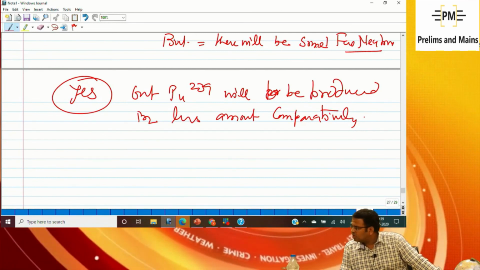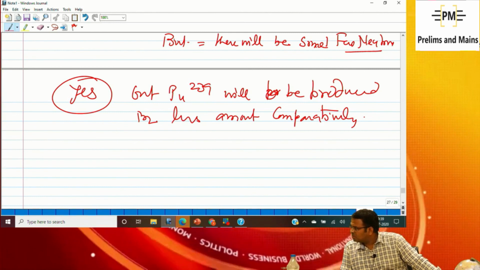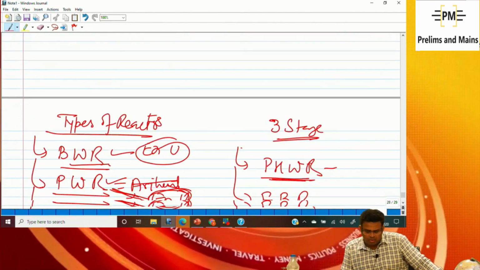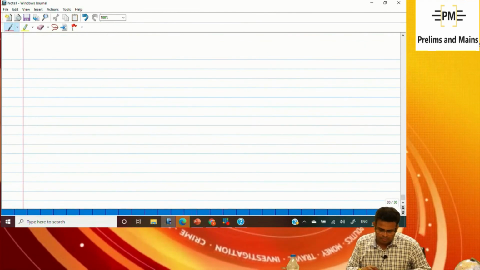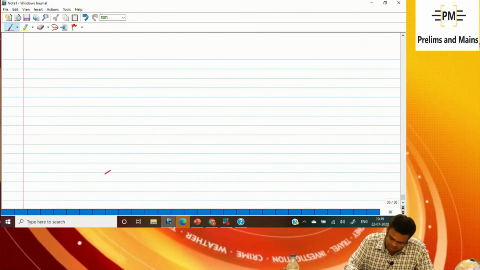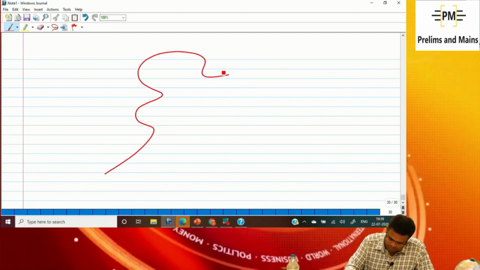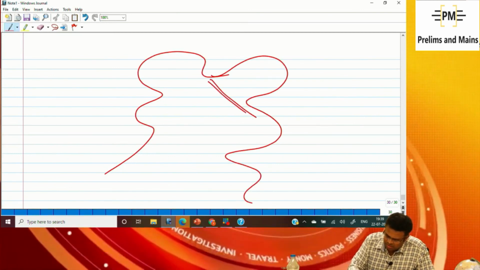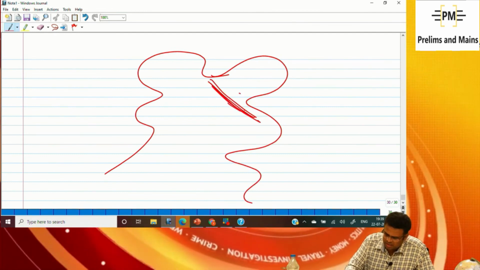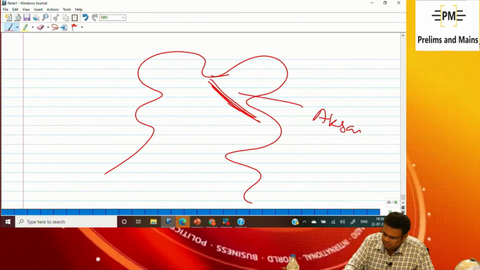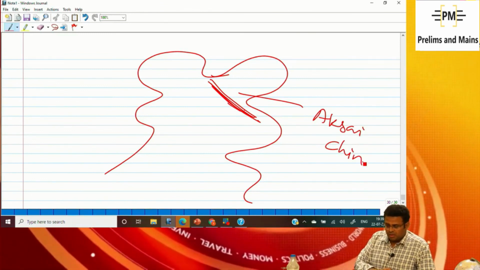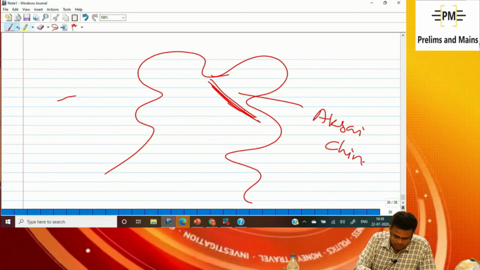Okay, Galwan Valley. If I am talking about it, this is the region where you can say there is the Aksai Chin.